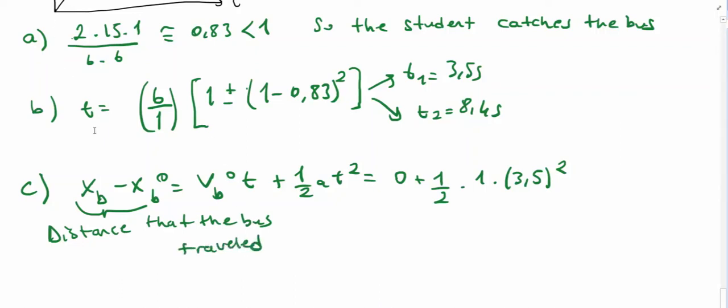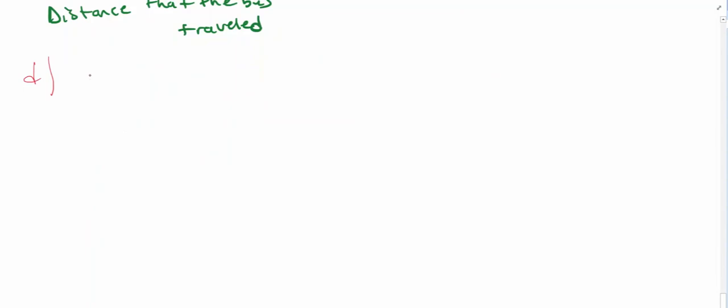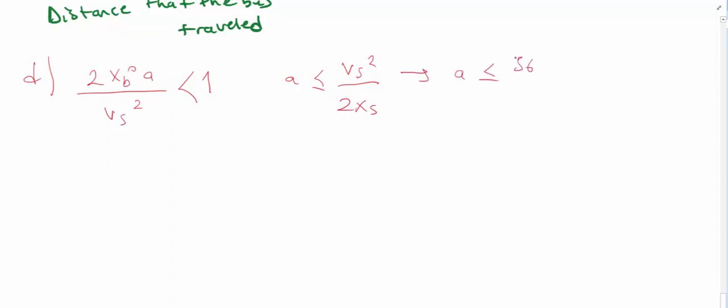And solving for d, 2 xb0 a over vs squared, as I told you, is less than or equal to 1, so a is less than or equal to vs squared over 2 xb0, and this is equal to 36 over 50.